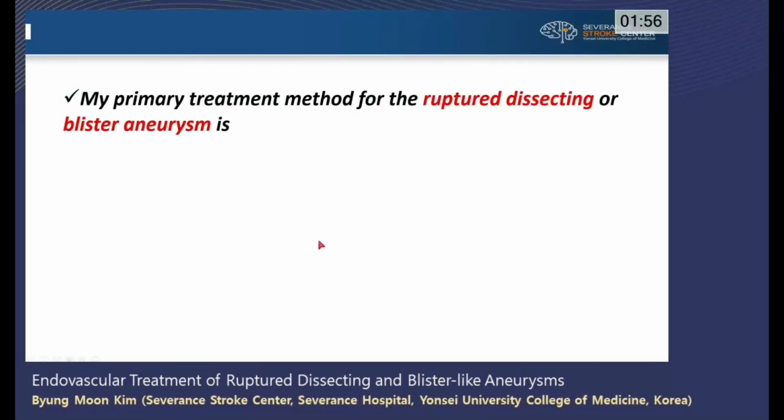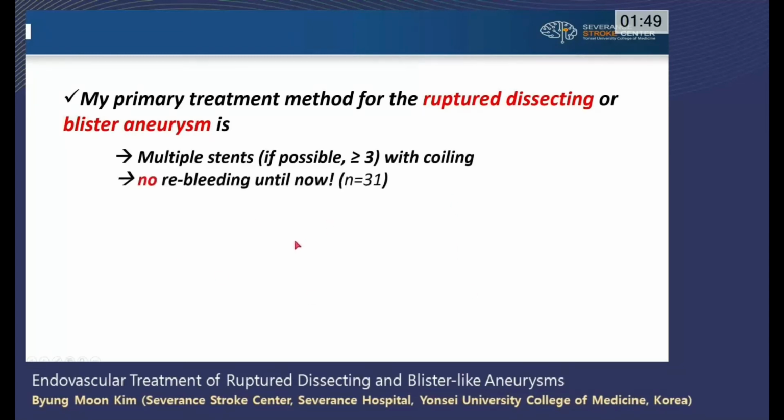So my primary treatment method nowadays for the ruptured dissecting or blister-like aneurysm is multiple stents, if possible, 3 or more stents with coiling. I treated 31 dissecting cases with 3 or more stents with coiling.